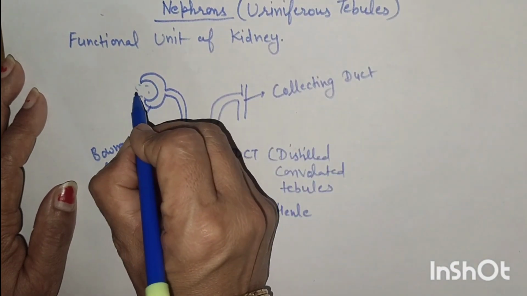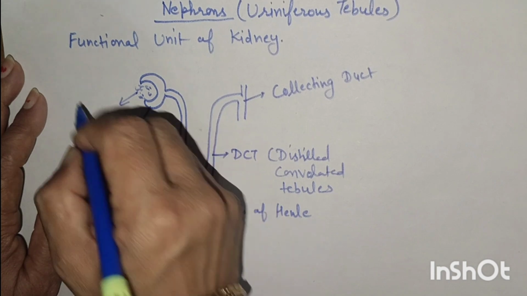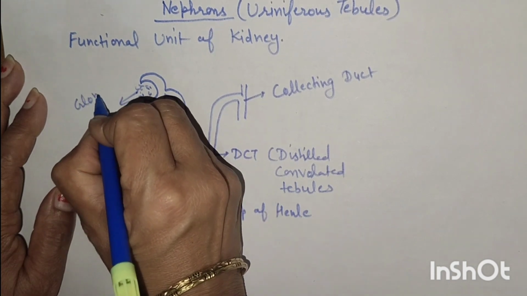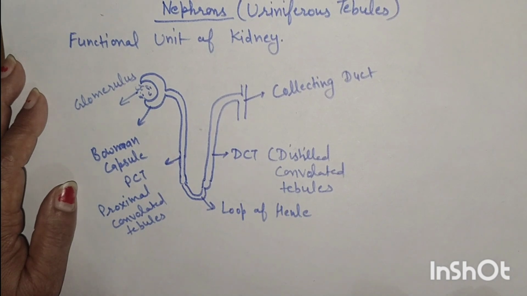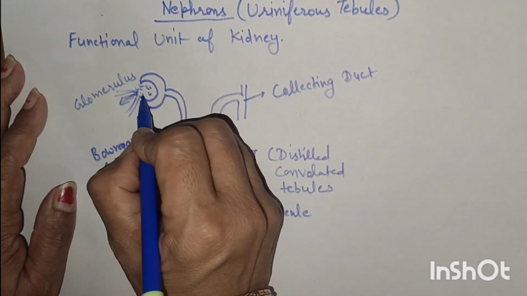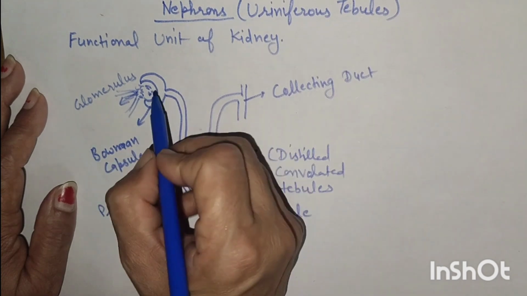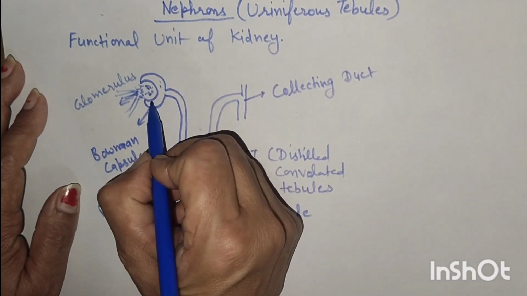Here is the group of blood vessels that is called the glomerulus. This glomerulus consists of blood vessels, and here the blood enters into the Bowman capsule and is filtered through this.